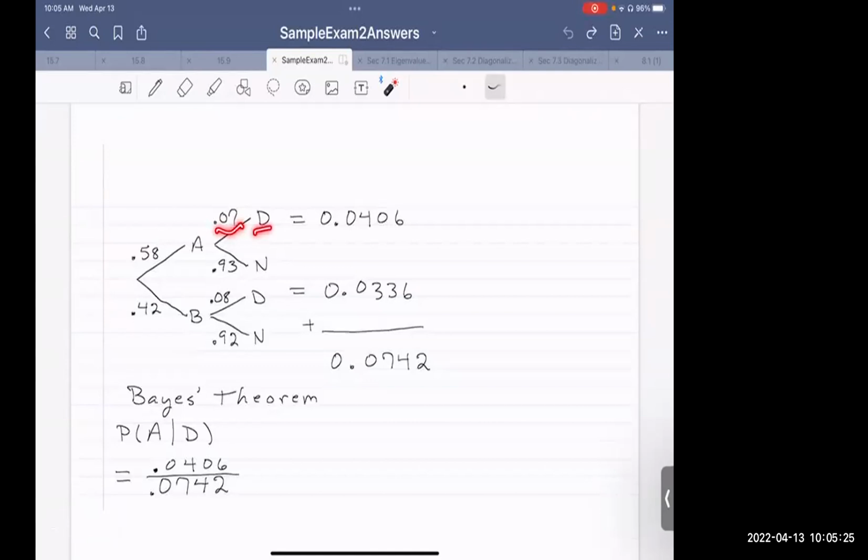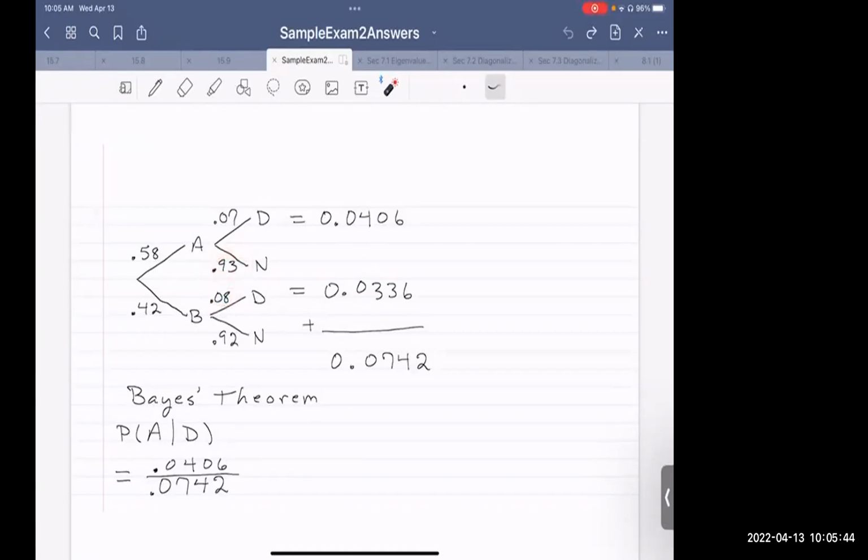So 7% from store A are defective, whereas 8% are defective from store B. Well, if I have a 7% chance of success, I have a 93% chance of failure.